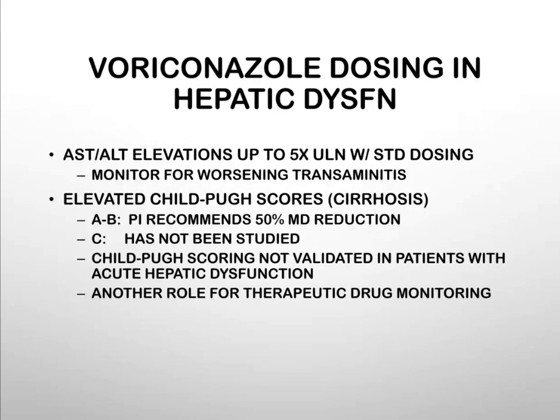In terms of Voriconazole and hepatic dysfunction, patients who have transaminitis, that does not correlate with clearance of the drug. However, Voriconazole could potentially aggravate that transaminitis, so monitor carefully.